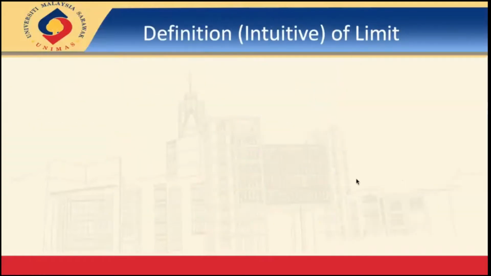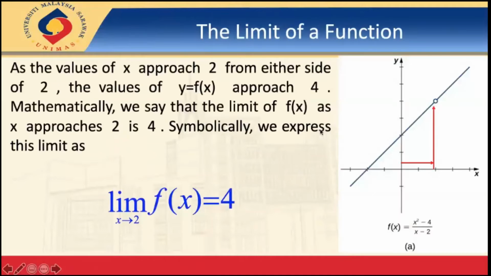So we can say that if we take any value other than 2, but near to 2, then the function's overall value is near to 4. So mathematically, this concept is called the limit, when the value of x is not 2 but approaching 2. Approaching means that it is very near to 2.